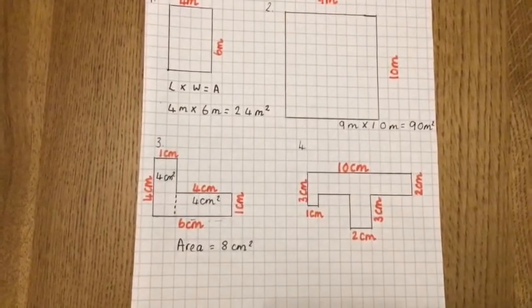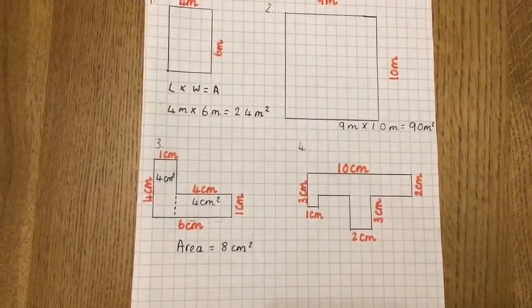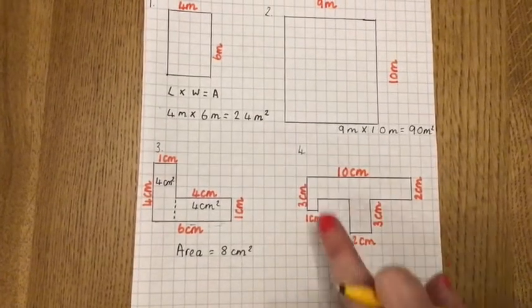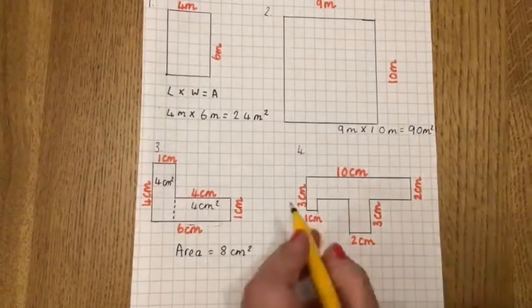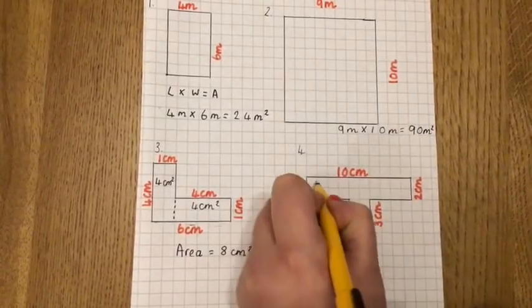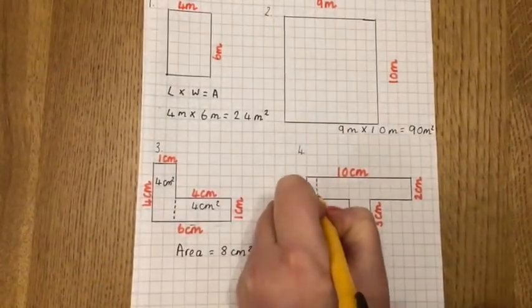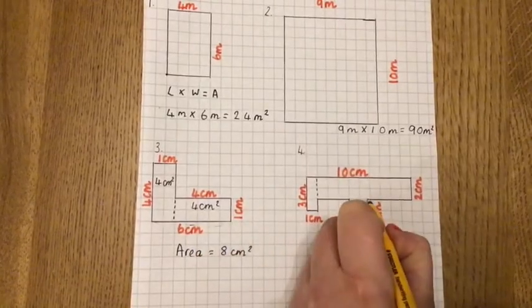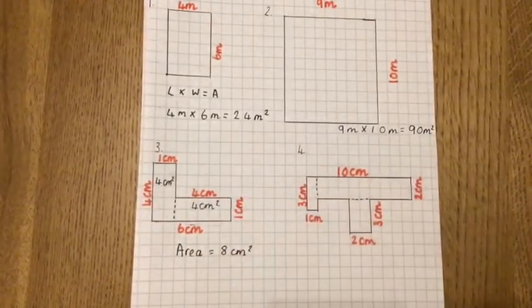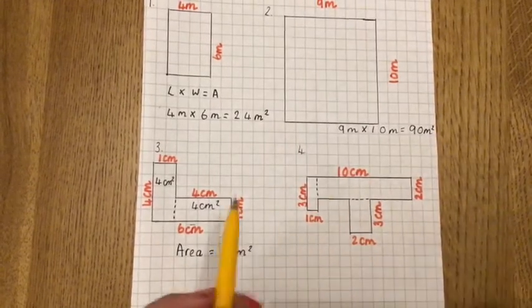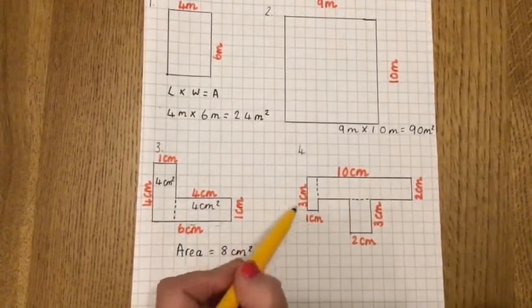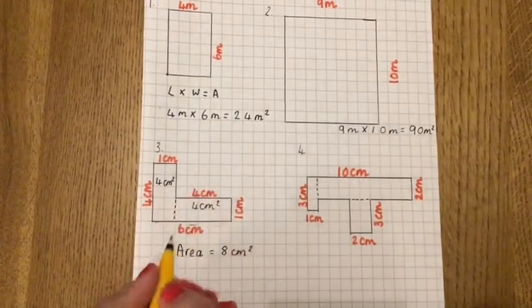Okay, finally then, shape number 4. Again, I'm going to need to split it into different rectangles. So, if I split this, and I can see a rectangle here, I should be able to work out the area. So, this rectangle here is 3 by 1.